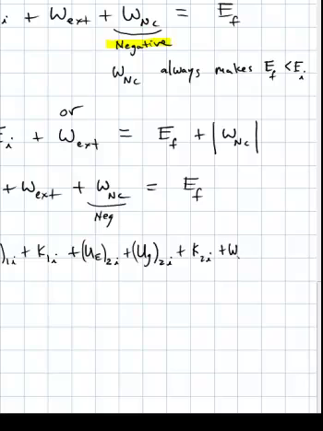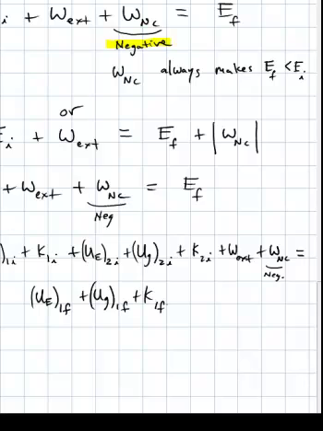And then we have work external. We have work done by non-conservative forces, which is a negative number. I told you I always write negative under it. And then at the end, we could have some spring energy for object 1 in its final state, some gravitational potential energy from object 1 in its final state, some energy of motion for object 1 in its final state, and the same for mass 2.